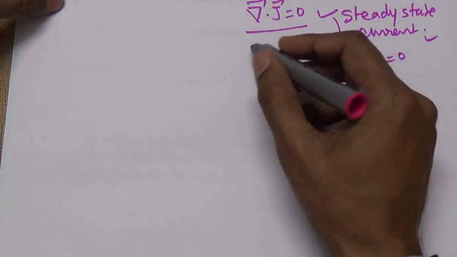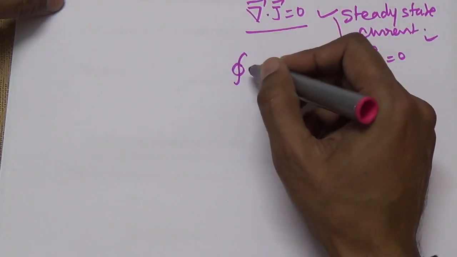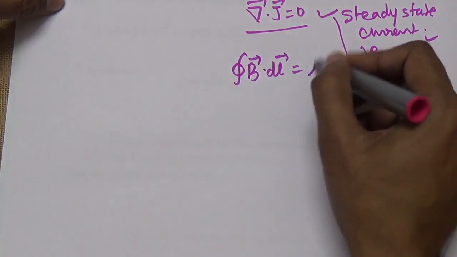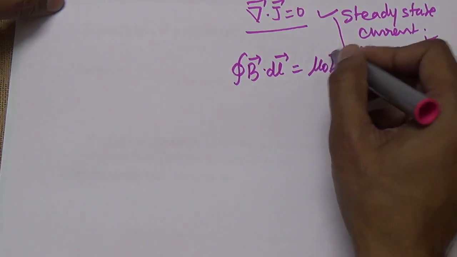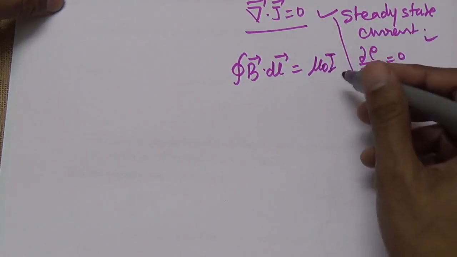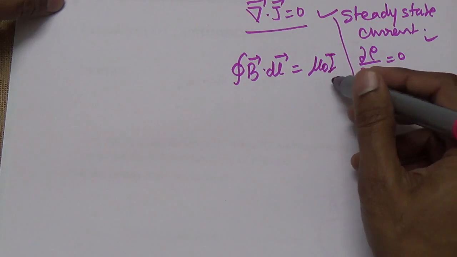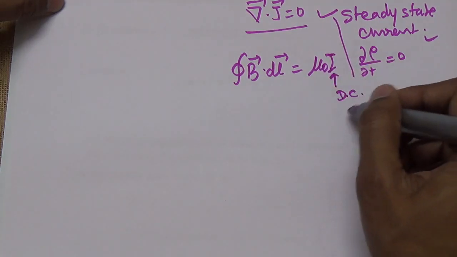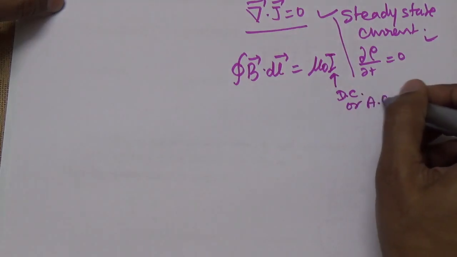Now first we have to see Ampere's law, that B dot dl is equal to mu naught times I. Earlier we had not discussed the type of current, whether this current is direct current, steady state current, or alternating current.